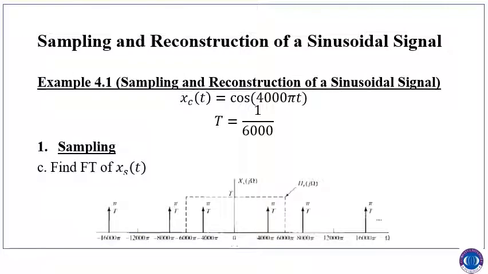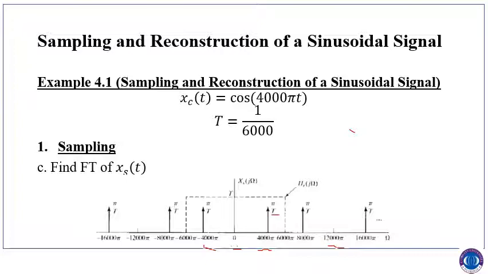This will happen when you sample the continuous time signal with T equal to 1/6000. Our original spectrum was at minus 4000π and 4000π. This copy appeared at 0, and the area under the impulse was π, but because of the convolution it becomes π/T. The next copy appears at 12,000π because of the sampling frequency.